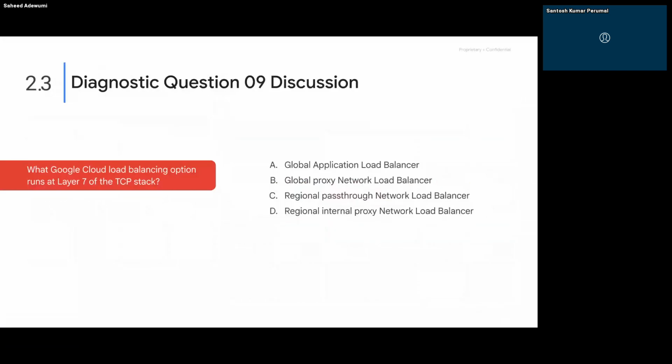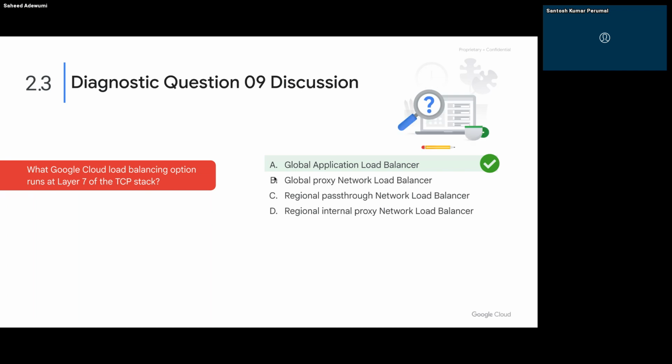Moving forward, here we have a question: what Google Cloud load balancing option runs layer 7 or TCP? For people familiar with networking, one of the basic pillars of our cloud platform is networking. We have compute engine, storage, data, and networking. This part focuses more on networking, so you can know the difference between the network responsible for fast loading of applications and the other dealing with the network.